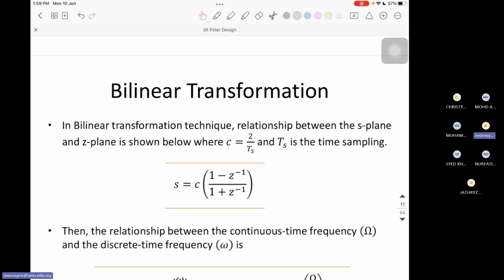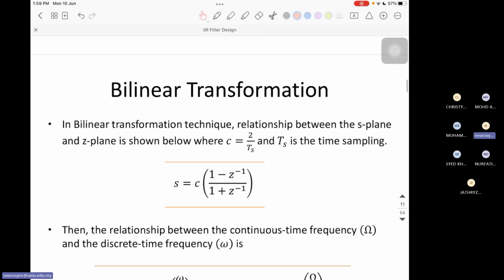Okay, this is very important. The bilinear transformation gives us the relation between the S plane and Z plane, where we write S in terms of Z like this: S is equal to C into 1 minus Z inverse divided by 1 plus Z inverse.